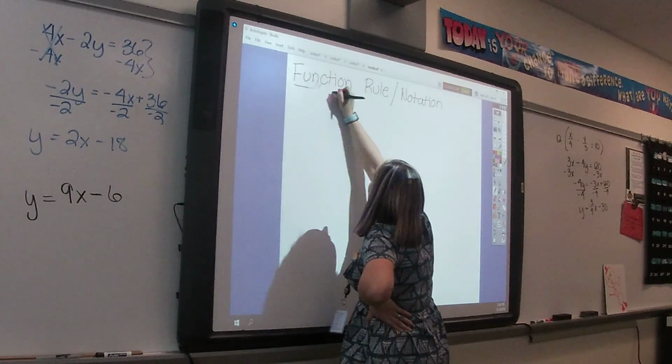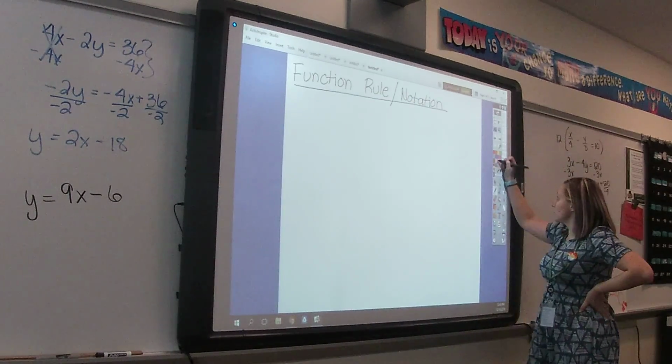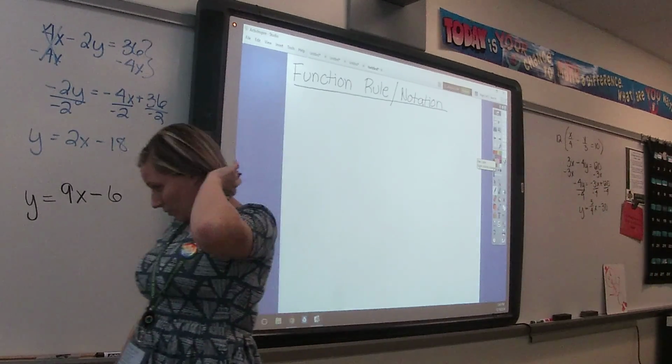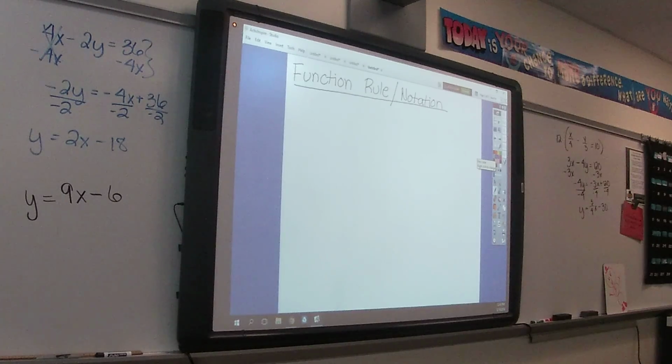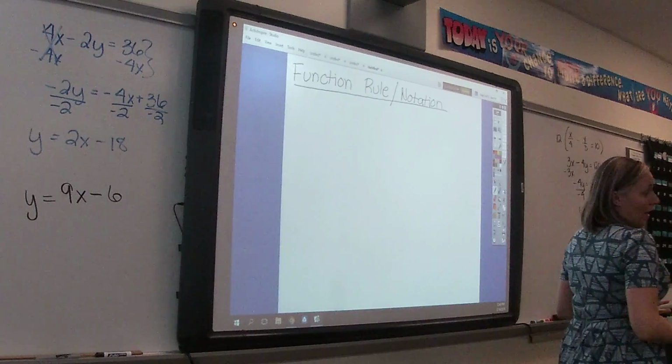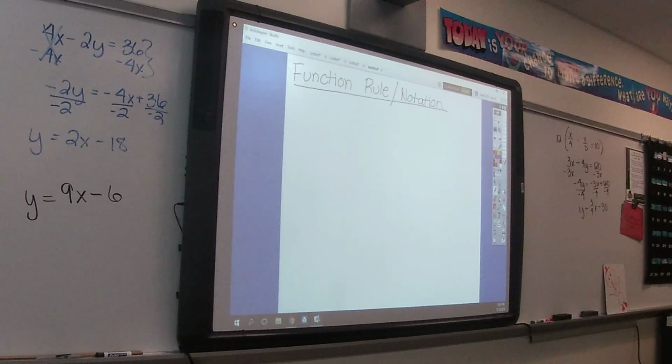And that's what we're going to be looking at today. Because oftentimes a function is going to represent something that has a ton of values. In fact, there are so many values that there are an infinite number of them.